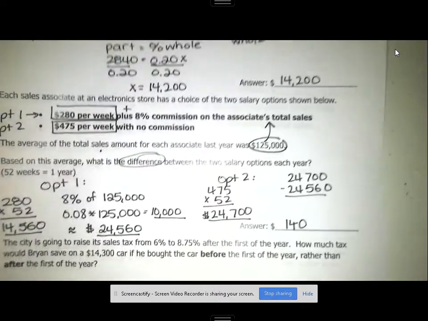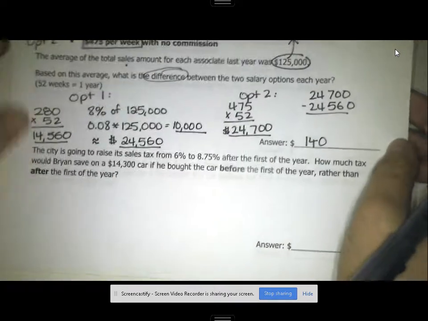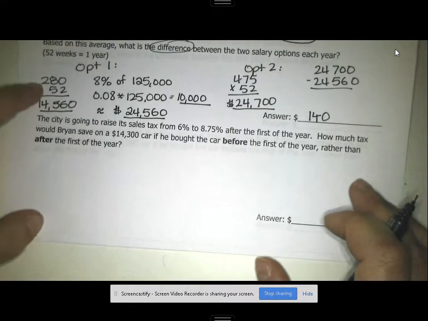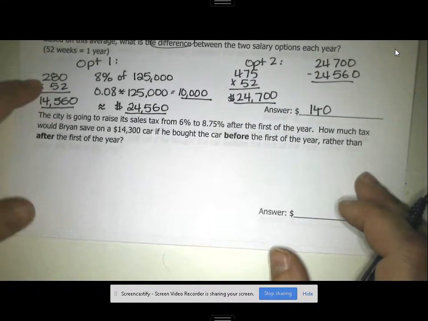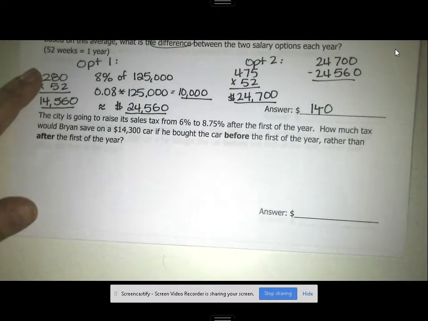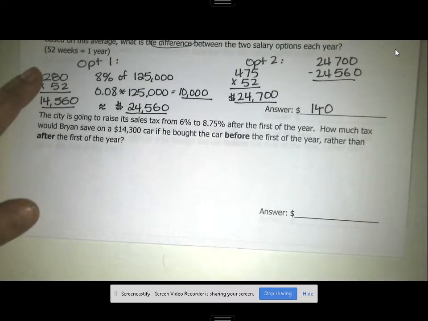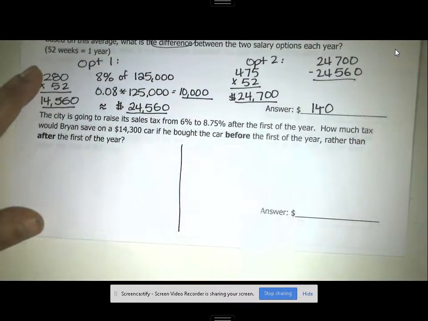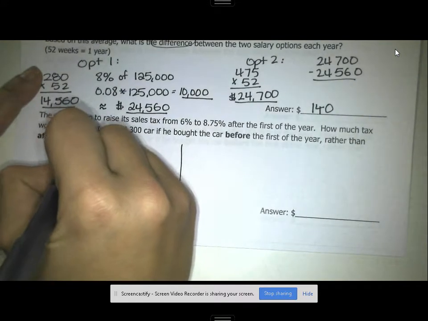All right. Okay, this looks like a different question. So the city is going to raise its sales tax from 6% to 8.75% after the first of the year. How much tax would Brian save on a $14,300 car if he bought the car before the first of the year rather than after the first of the year? So let's find out how much tax he would pay if he bought it before the first of the year.